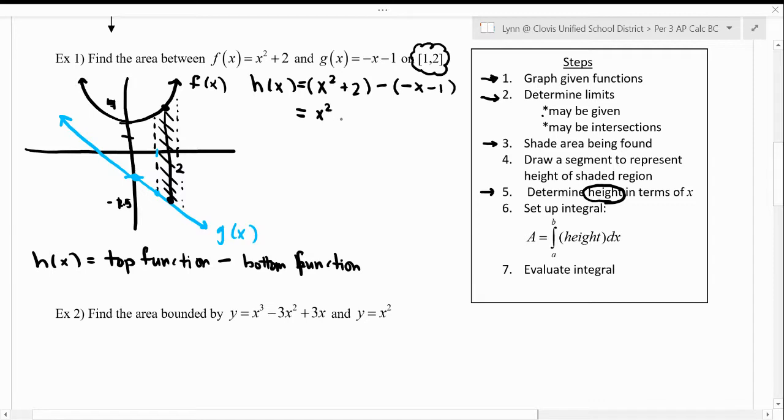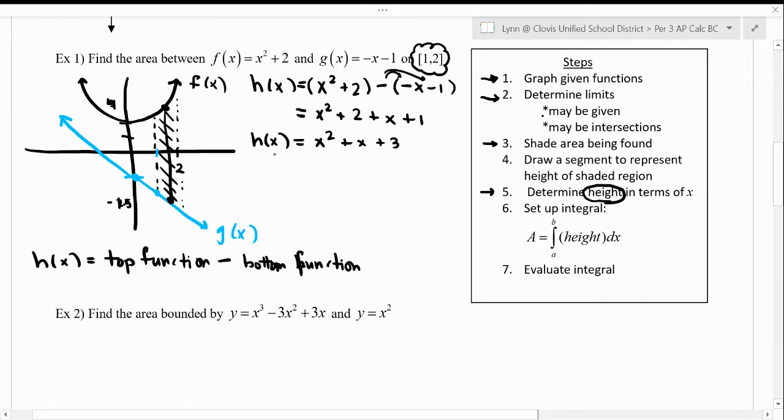That is only to make that arithmetic a little easier or to type it into the calculator a little easier. So minus a negative is a positive, and minus a -1 is a positive. Again, this is only to make it easier for me when I either have to integrate it by hand or if I have to type it into my calculator. That's why we're going to simplify.